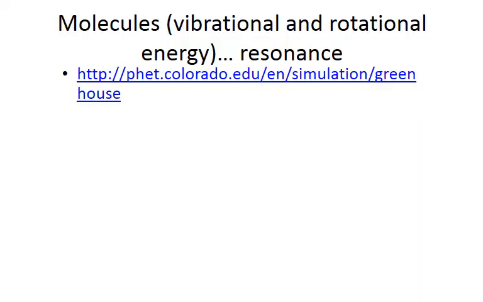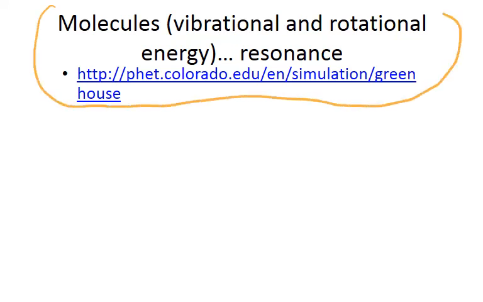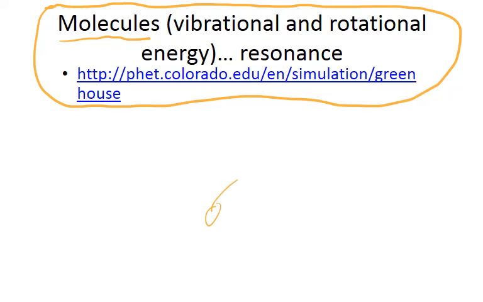One of the simulators I'd like you to look at, if you missed today's lesson or want to use this as a take-home lesson, is to go to this simulation where you have the molecules with the greenhouse gases. You'll see a depiction of these molecules with light coming in, and then you can describe what's happening. This is a really big part of our discussion here.